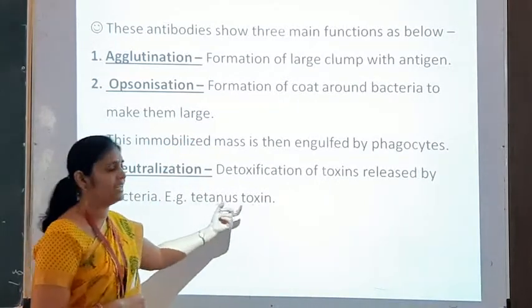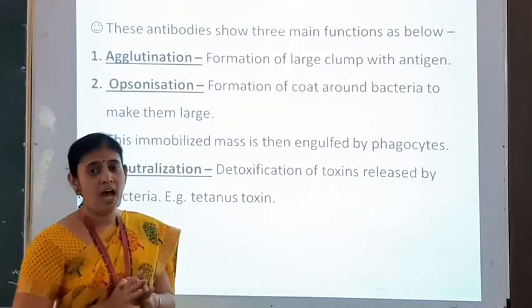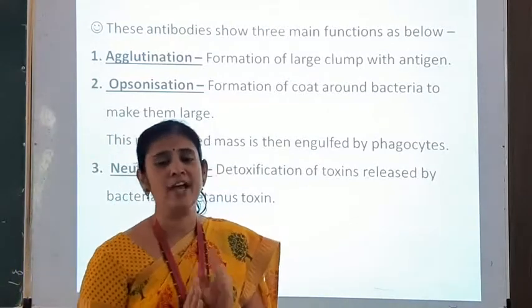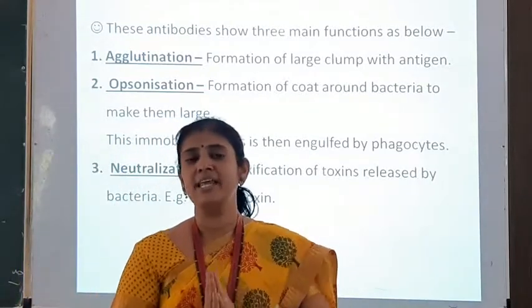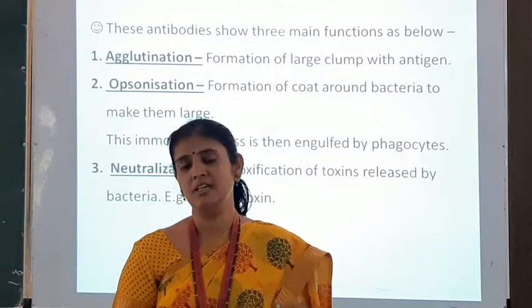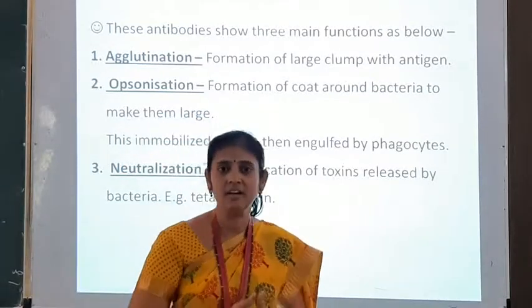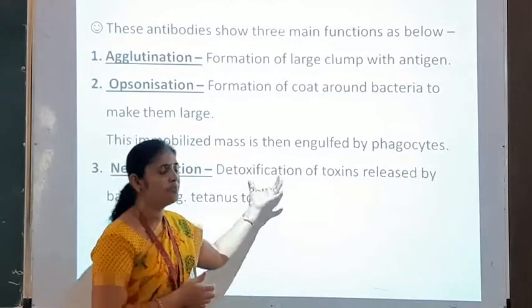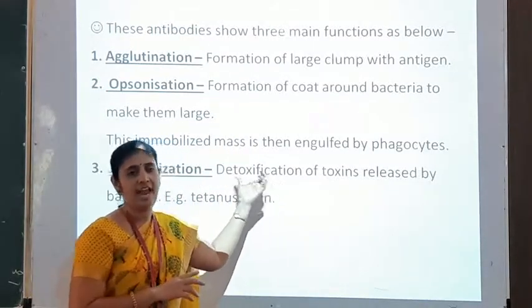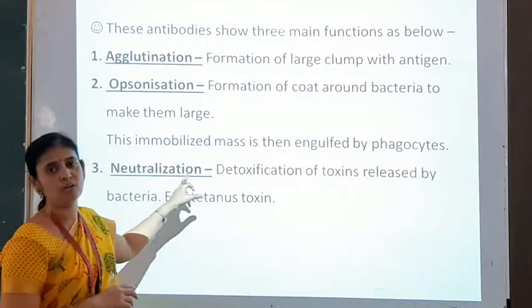For example, tetanus toxin. After engulfing by the phagocytes, these bacteria may secrete some toxins, and for the neutralization of these toxins, detoxification takes place, and that process is called neutralization.